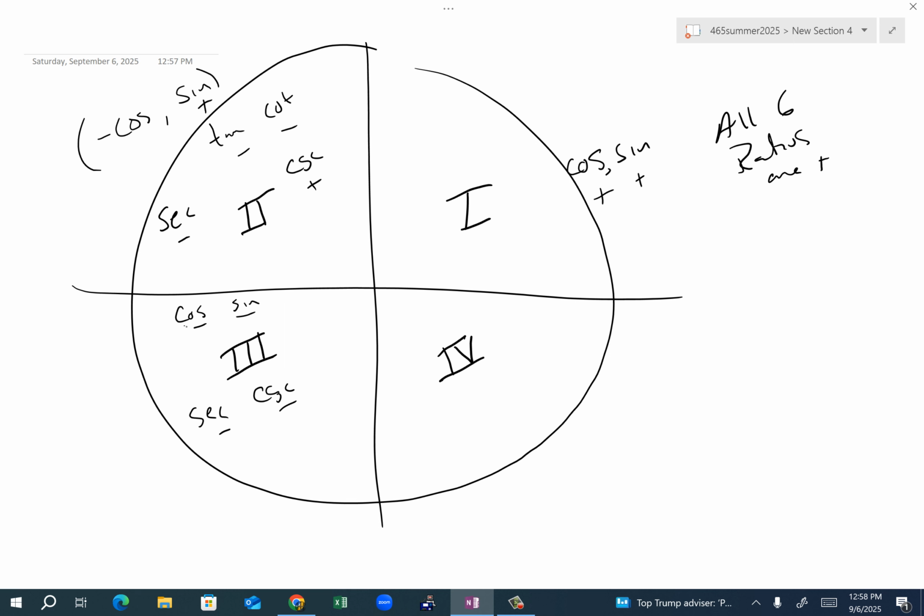But negative over negative means cotangent and tangent are both positive. Over here, it's cosine and sine, and so your tan and cotan are both negative, your secant is negative, and your cosecant is positive.